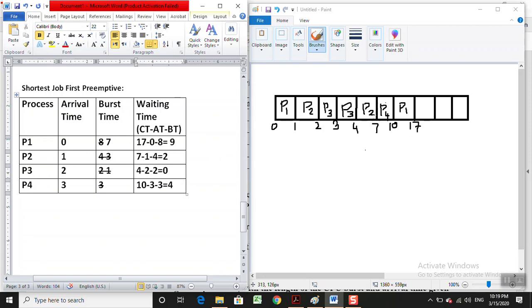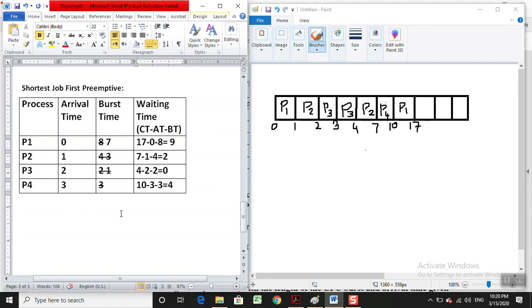That means it started its job over here at 4, and it continued its job until 10.